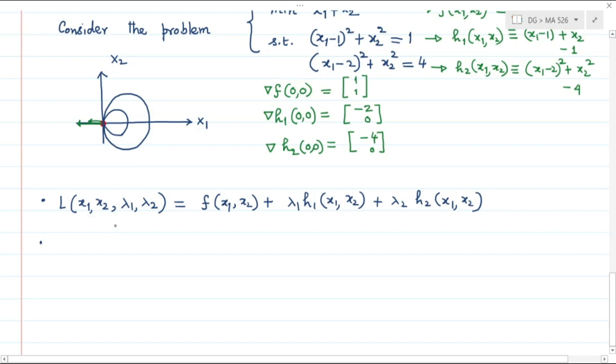And here the gradient of L obviously has many components. In del L/del X you have two components, with respect to x1 and with respect to x2. Similarly in del L/del lambda you have two components, with respect to lambda 1 and with respect to lambda 2, right? Here you have nabla L, the gradient of L(x1, x2, lambda 1, lambda 2).